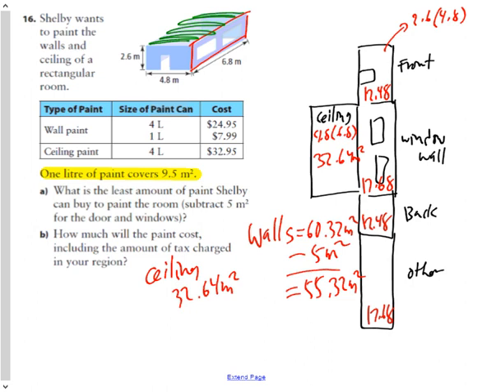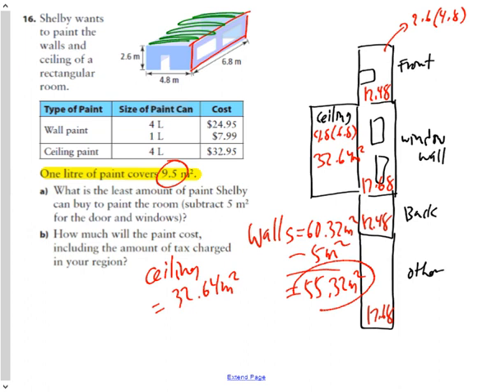Let's figure this out first. For wall paint, she could buy 2 of these, which will give her 48. Oh, sorry, that's not right. My mistake. Let's do this again. 1 liter of paint will cover 9.5 square meters.